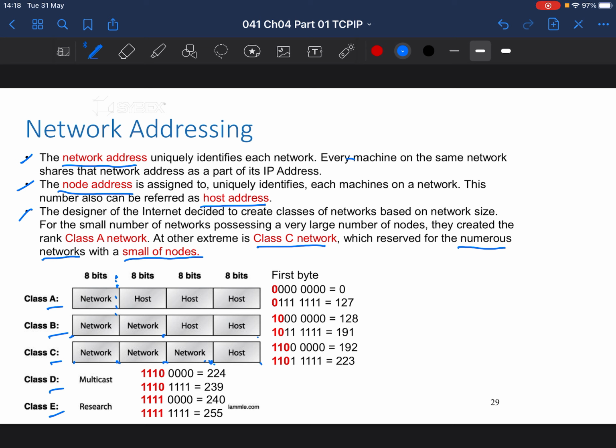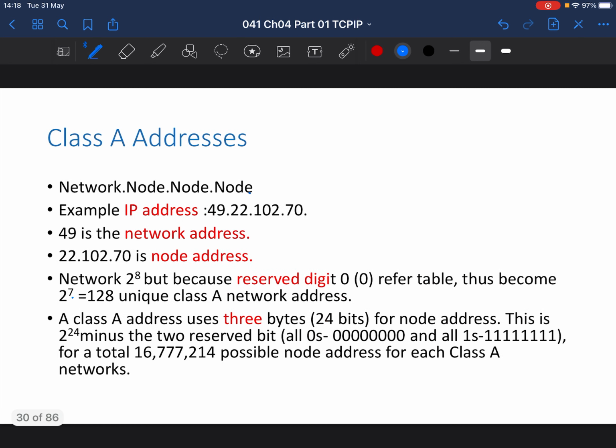You can see the difference between the number of octets, or bytes, for class A, class B, and class C. Next, class A addresses: network, node. So you have a small number of networks but a large number of nodes or hosts.